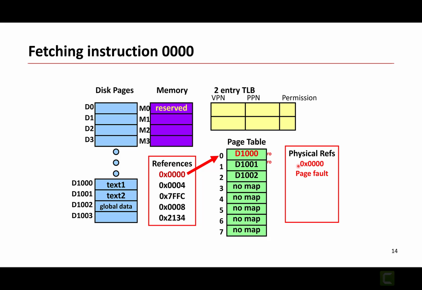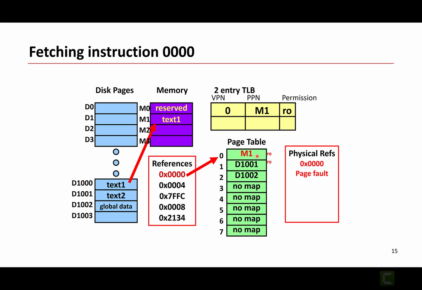So I accessed the physical address 0 to do the address translation. Remember, 0 corresponds to this page 0 here, which stores the page table, and I access this address 0 to do the address translation, and I discover that it's a page fault. And so now I have to access D1000, and I bring the data into the memory because I have free memory pages.